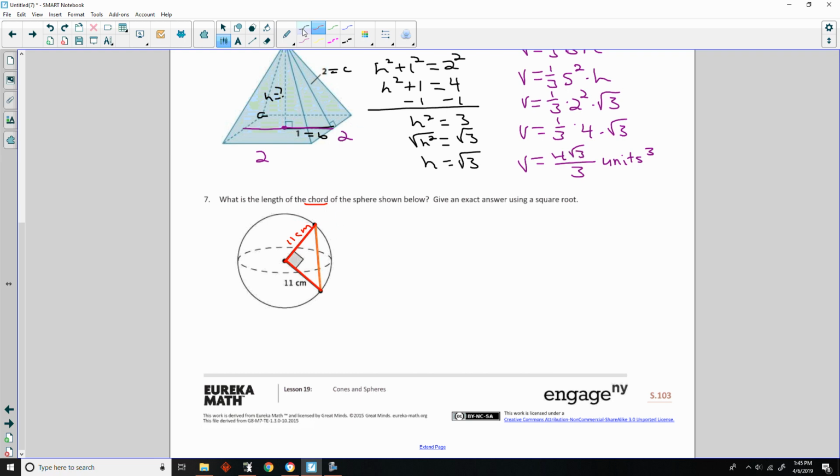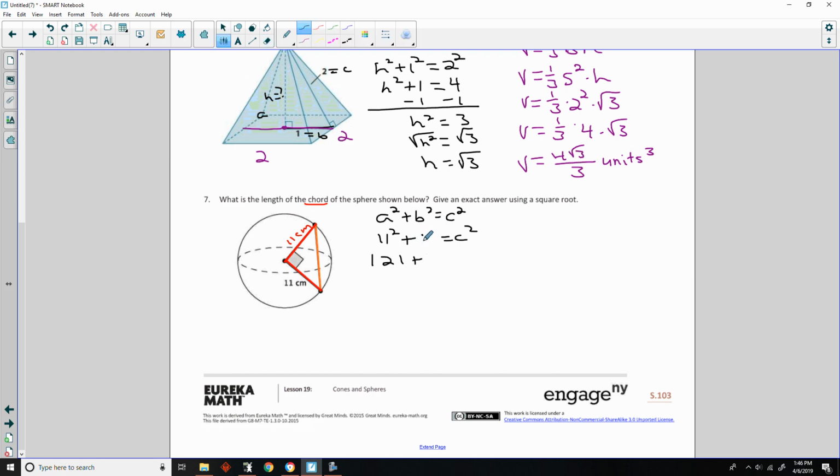Okay, so now we have a right triangle. So all we have to do is the Pythagorean theorem. a squared plus b squared equals c squared. a is 11. b is also 11. And c is our chord. 11 squared is 121 plus b squared. Whoops. Why didn't I put 11 in for the b?